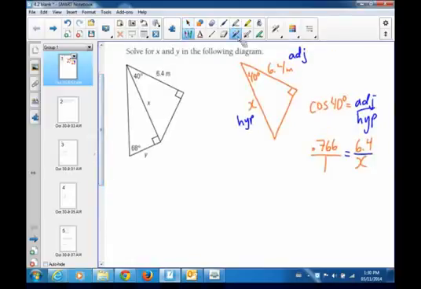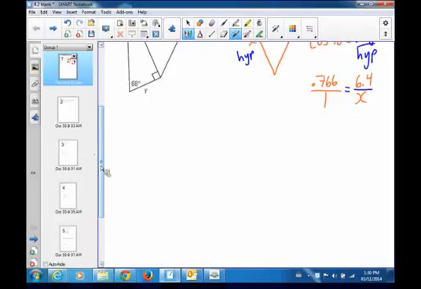The reason I chose that is because this was 6.4, only 1 decimal place. So x is equal to 8.4, from the 8.355. Is that meters or centimeters? I think that's meters. It is.